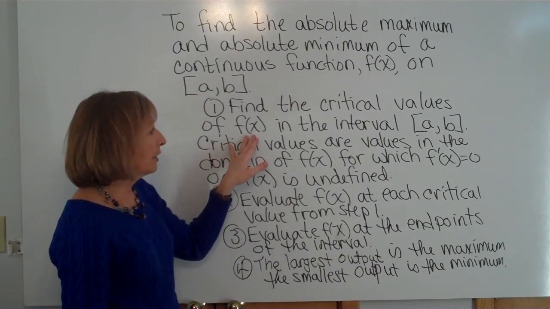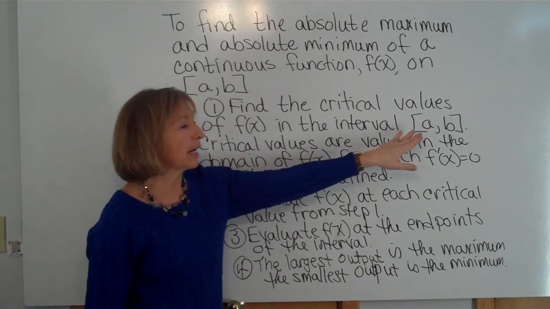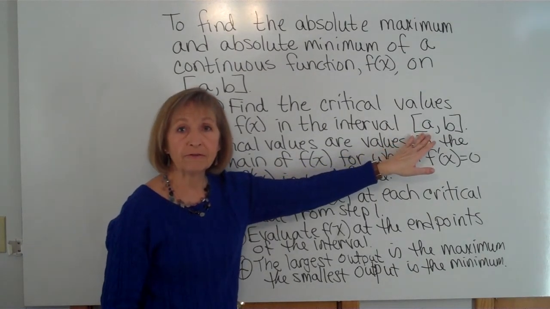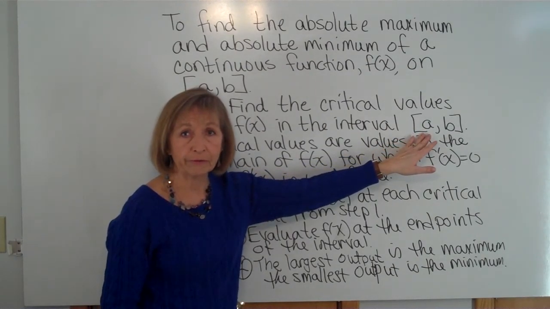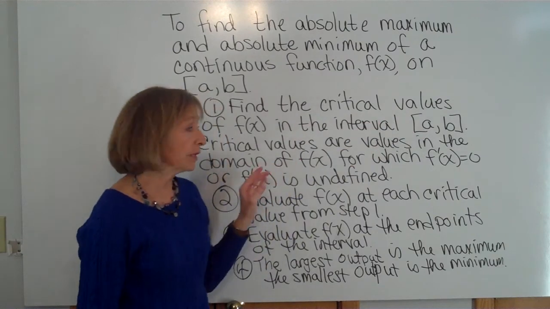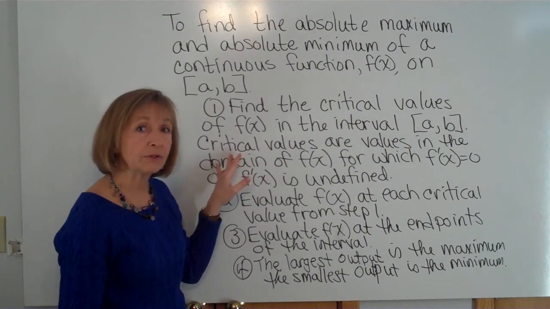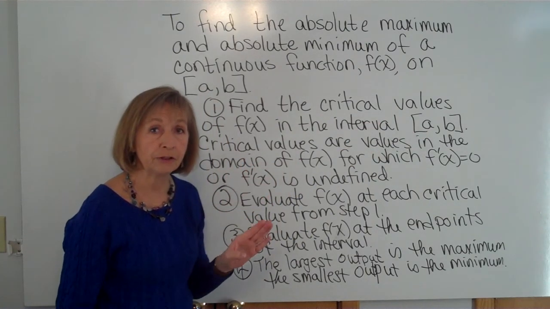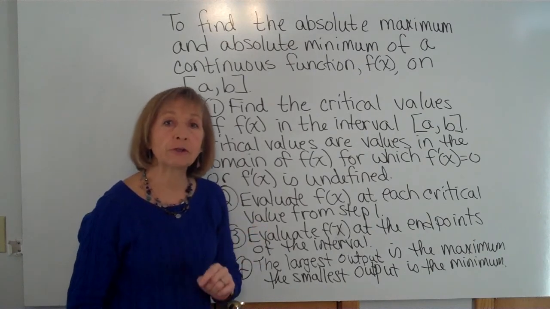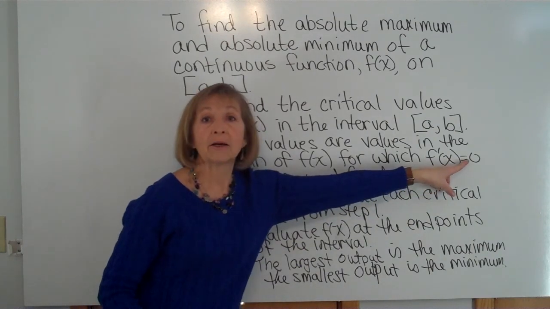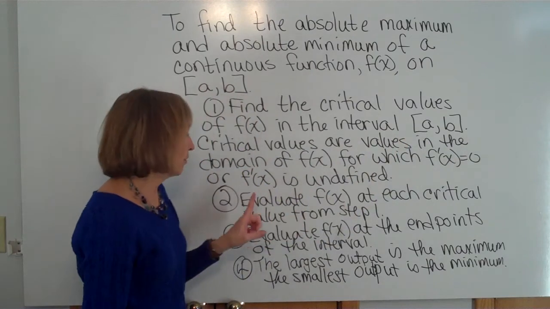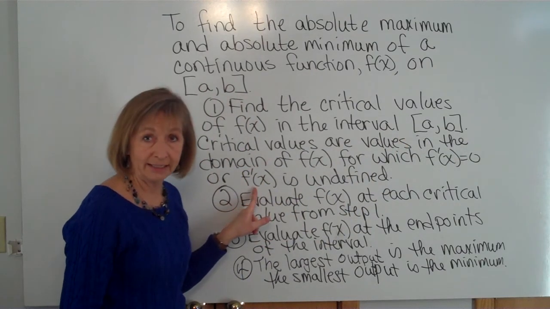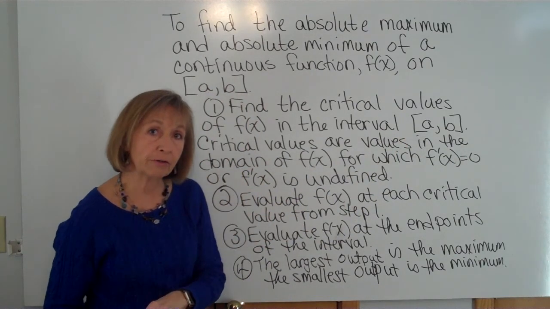And the critical values of a function, we want to be specifically the critical values in that closed interval from a to b. Now remember, critical values of a function are values in the domain of the original function for which the first derivative either comes out zero or the first derivative is undefined. So that sets up our critical values.